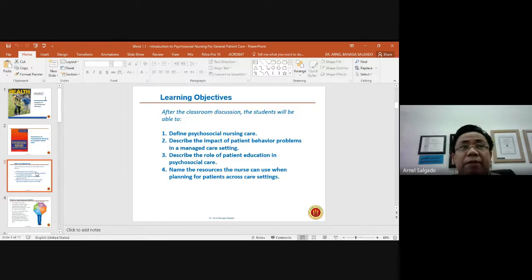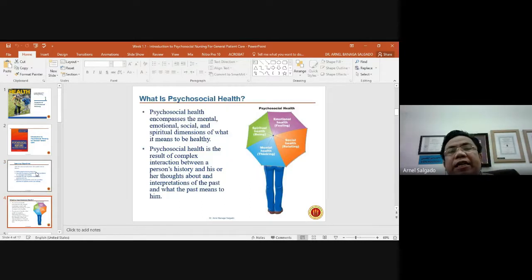That's why when you are going to meet your patient, interact with your patient, establish your relationship with your patient, you should use yourselves therapeutically. That's the most important thing that you can actually use. All right, so we'll try to proceed now, understanding what a psychosocial health is.